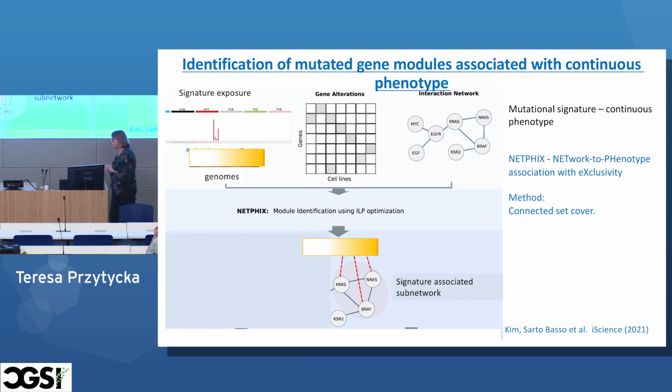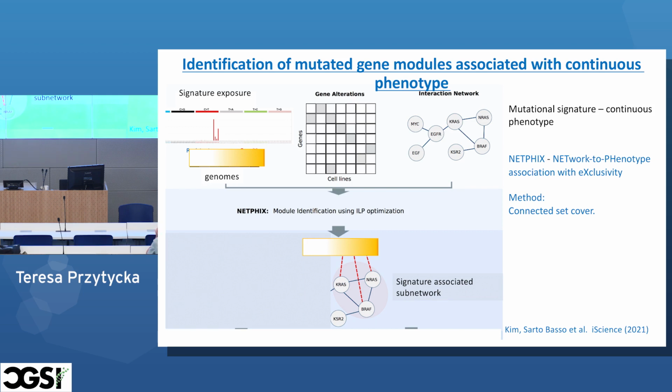We ourselves developed a method for drug response where you identify a mutated subnetwork associated with a continuous phenotype. So without going into the details, you have this signature. For every patient, you have signature strength. For every patient, you have information on what the mutations are.